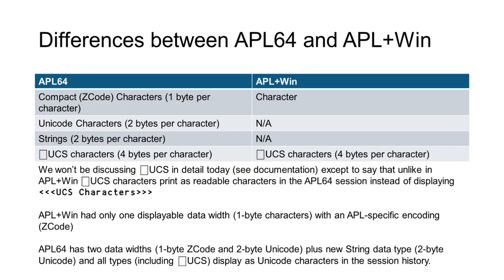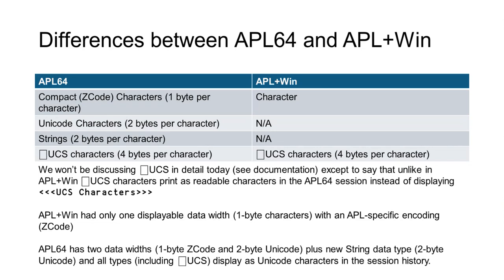So aside from UCS, let's for the moment push quad UCS to the side, because it's kind of a weird and specialized type. It doesn't participate in all APL operations. It's not a full-fledged thing, but it's useful for certain purposes. Let's just look at the regular character data.